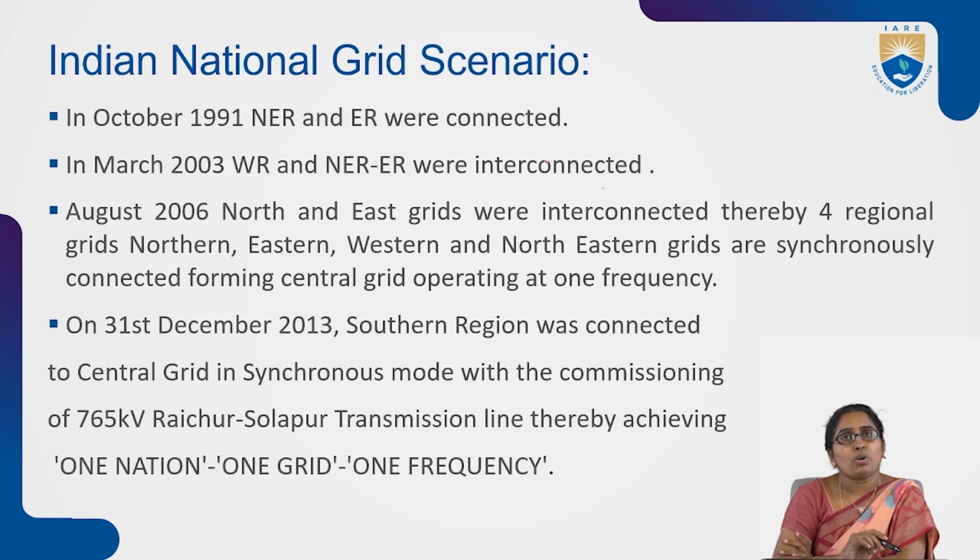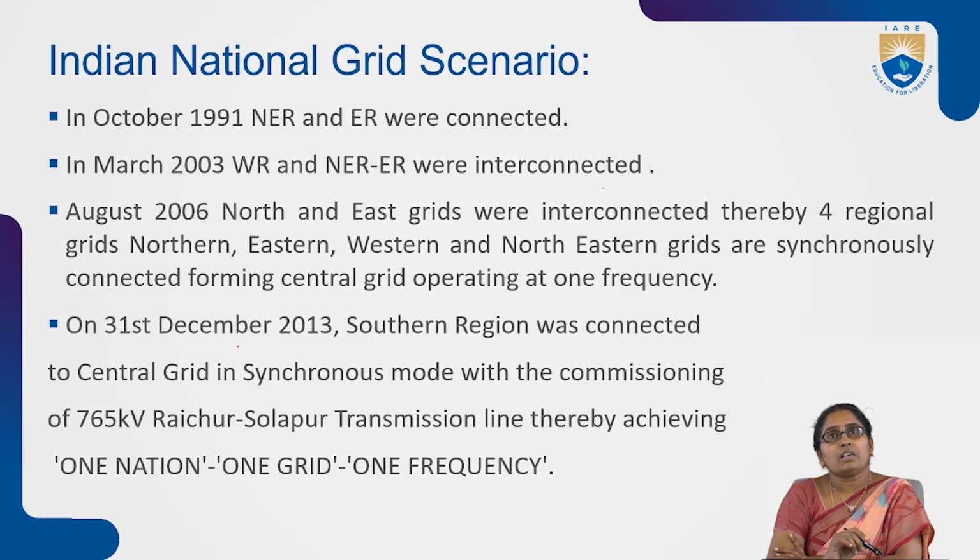Then in 2006, the North and East grids were interconnected. Thereby four regional grids, Northern, Eastern, Western, and Northeastern, are synchronously connected, forming a central grid operating at one frequency.